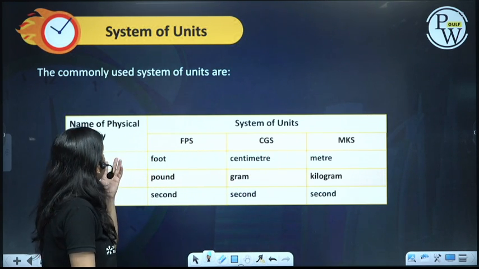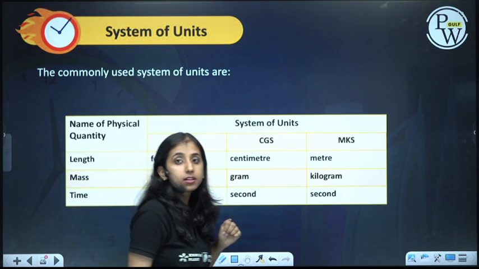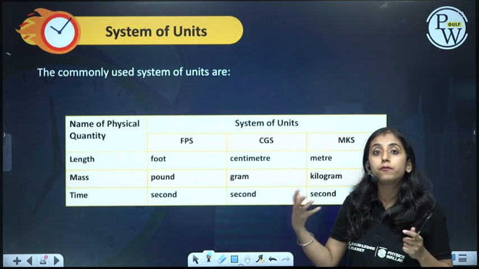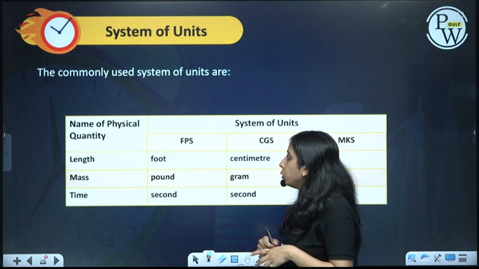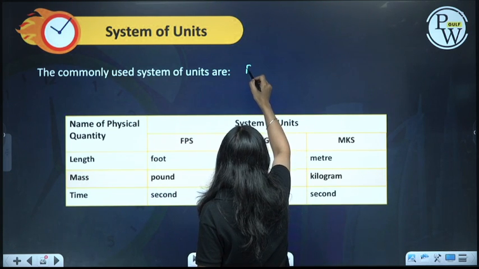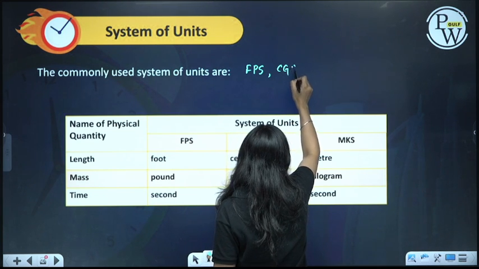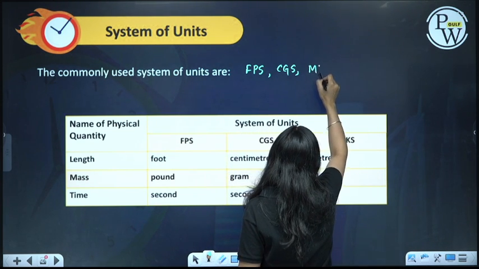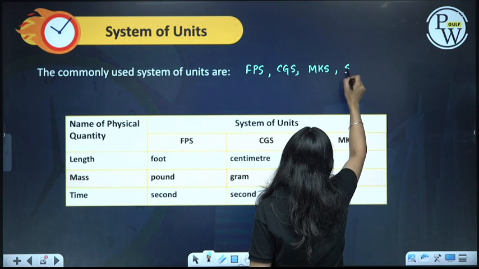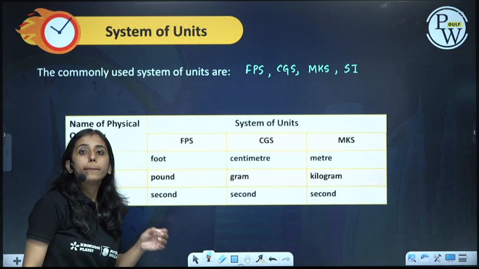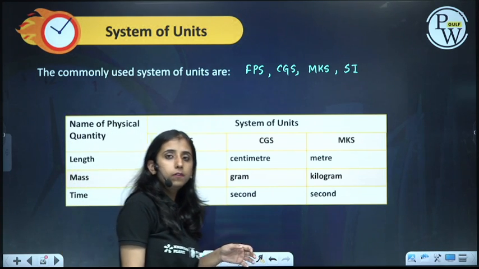There are four systems of units which are commonly used. The first one is FPS, second is CGS, third is MKS, and fourth is the SI system.